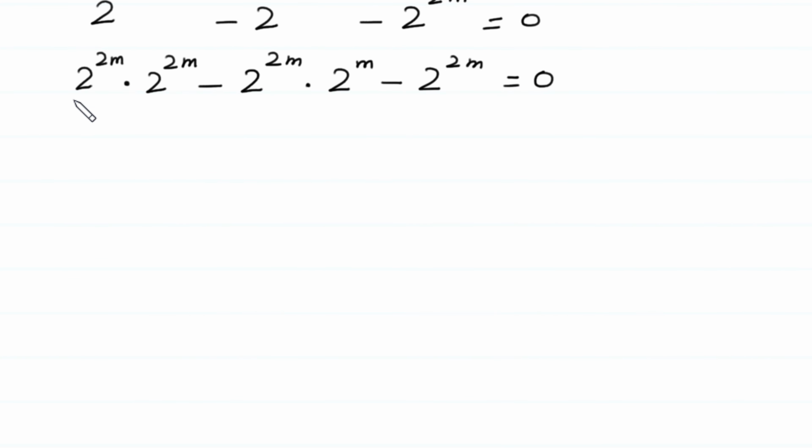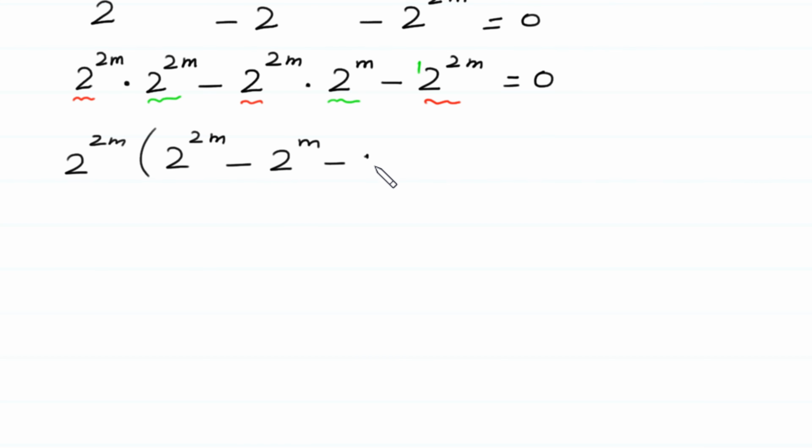Now as you can see, we can factor out 2 to the power 2m as a common factor. In the bracket, from here 2 to the power 2m, from here 2 to the power m, and from here 1. In the bracket, 2 to the power 2m minus 2 to the power m minus 1 is equal to 0.